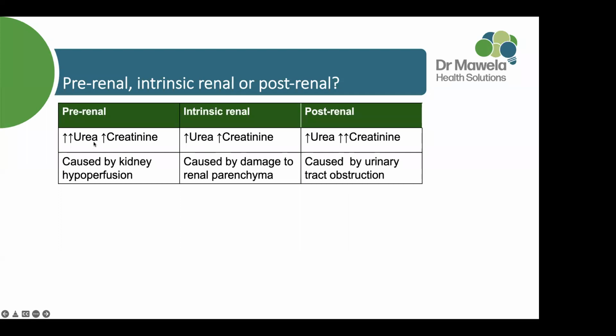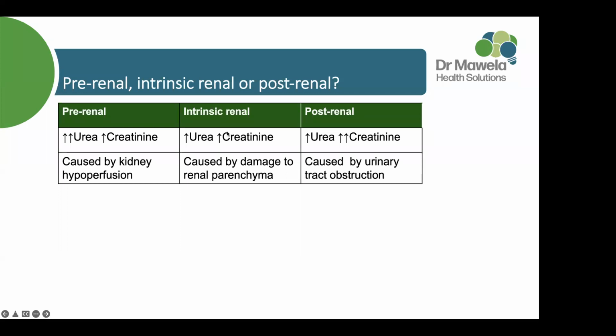So if we put the kidneys here, are we talking about something that happens before the kidneys or after the kidneys? So pre-renal, generally you would have a significantly higher urea than your creatinine, and most of the time it's caused by hypoperfusion. So your kidneys are not getting enough blood supply, usually hypovolemic shock, hypotensive conditions, septic shock, anything that would limit the blood supply to the kidneys would generally be regarded as a pre-renal condition.